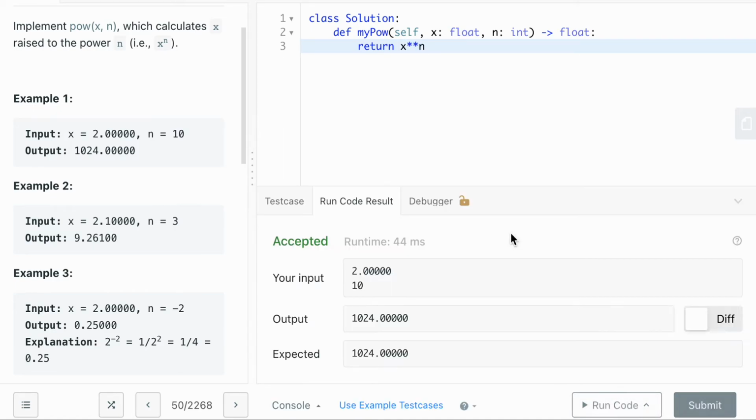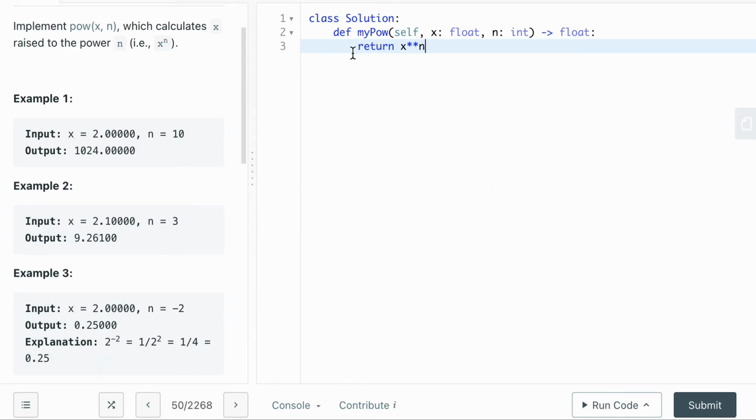What you want to do is divide and conquer this problem, break it into smaller problems, and then put them together.